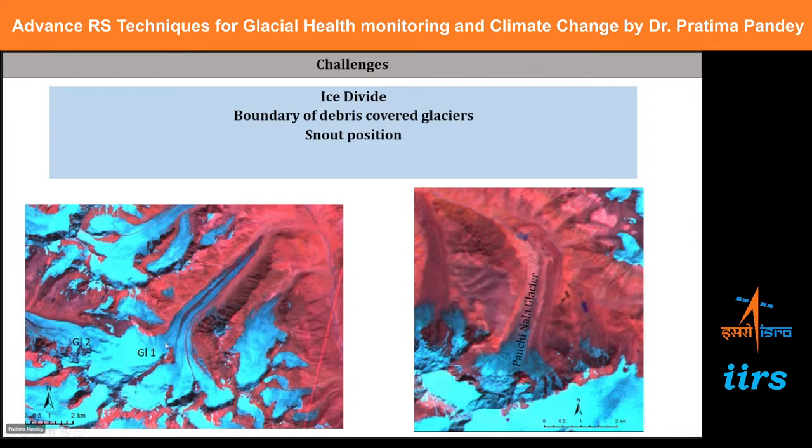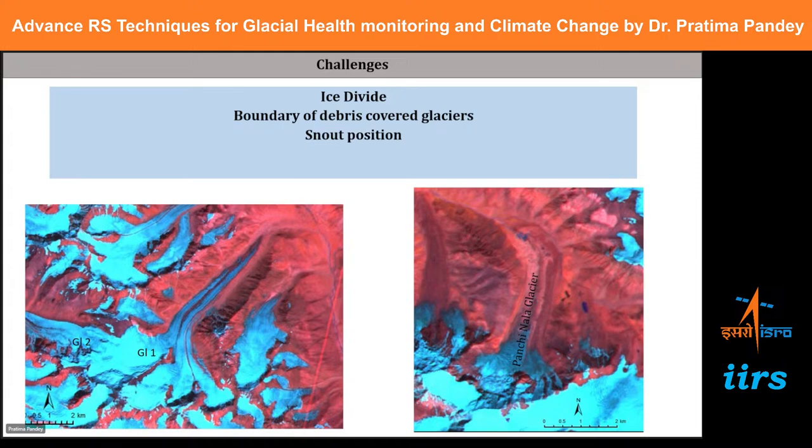This is one glacier going this way and this is glacier 2 going this way. So from this optical 2D image, it is very difficult to know where is the starting point of glacier 1 and where is the starting point of glacier 2. They look like merging here. So this is one of the challenges which we encounter while doing the glacier delineation.